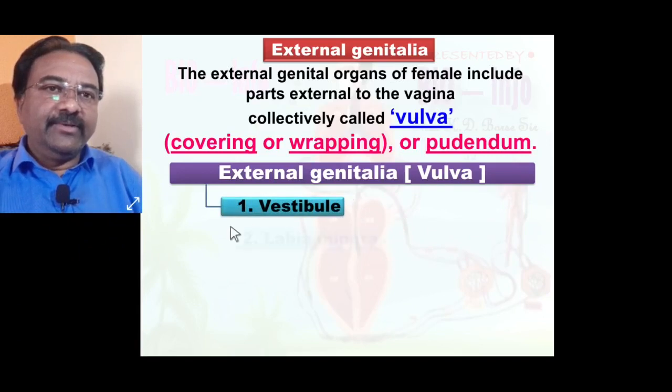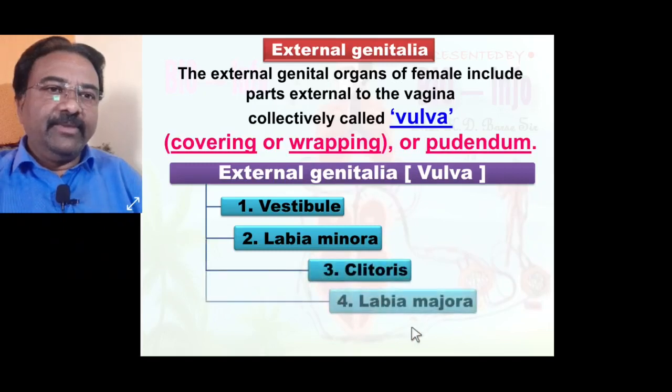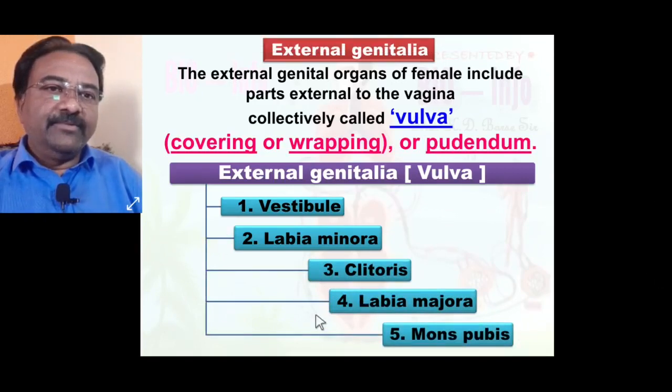First is the vestibule, second labia minora, third clitoris, fourth labia majora and fifth mons pubis. So all these 5 different parts are included in external genitalia. The vulva sequentially occurs: vestibule, labia minora, clitoris, labia majora, mons pubis. Most of the time in exams, questions on the vulva part of the female reproductive system ask you to list out these 5 different parts.